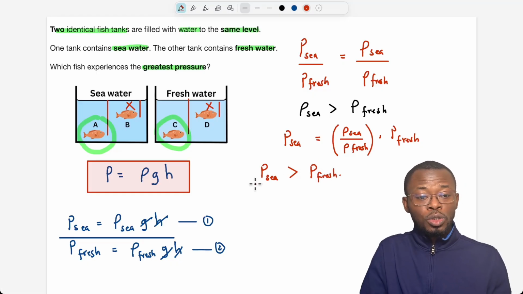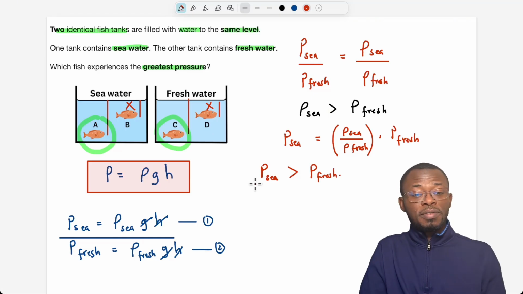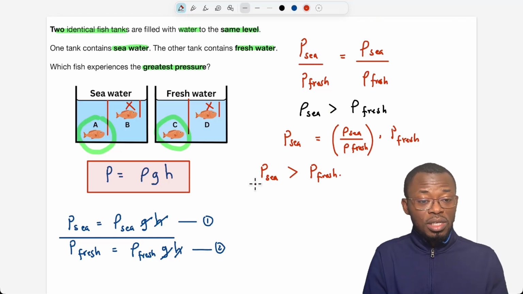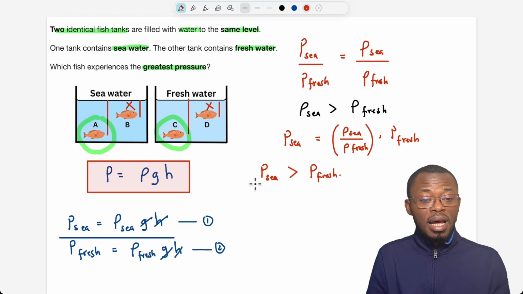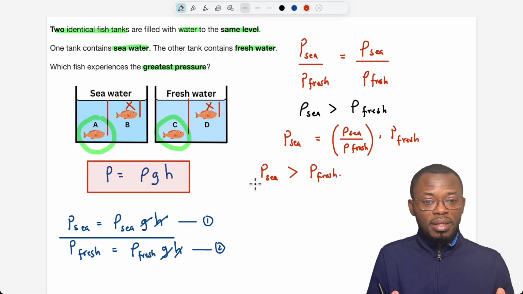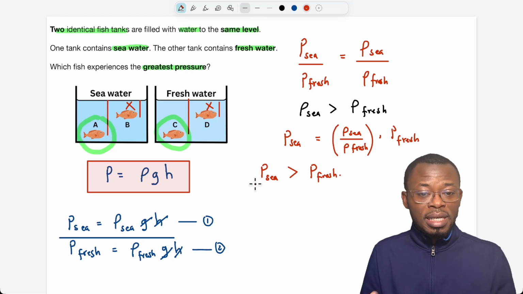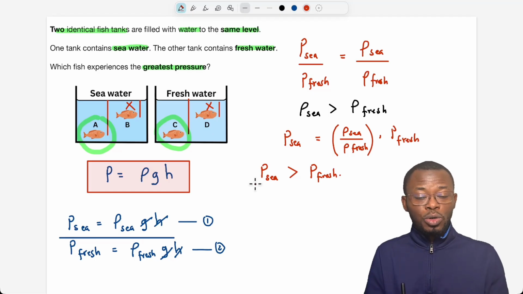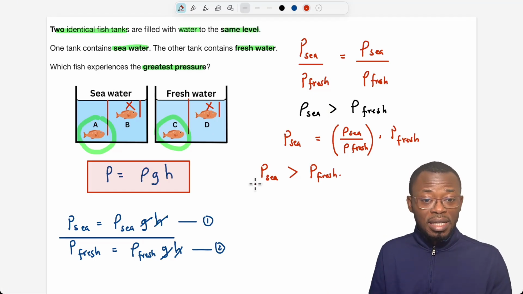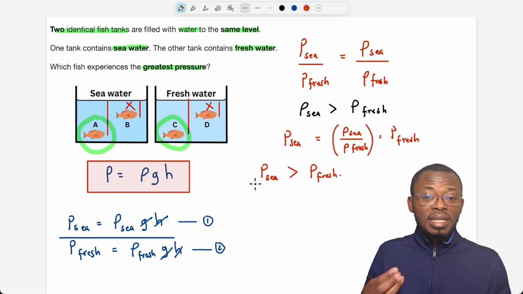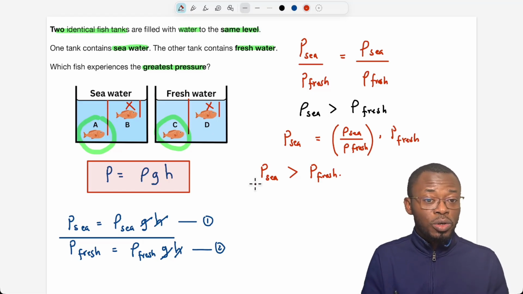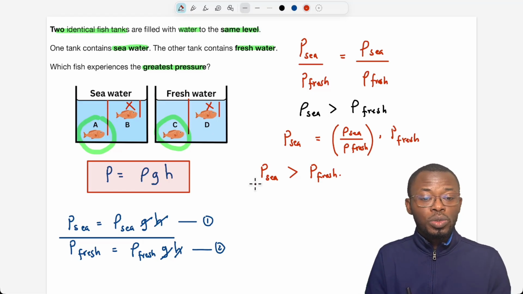Therefore, even though the two fish in those two different tanks with seawater and fresh water are at the same depth, because the density of one liquid is greater than that of the other, the one with the greater density will exert greater pressure on the fish compared to the other.